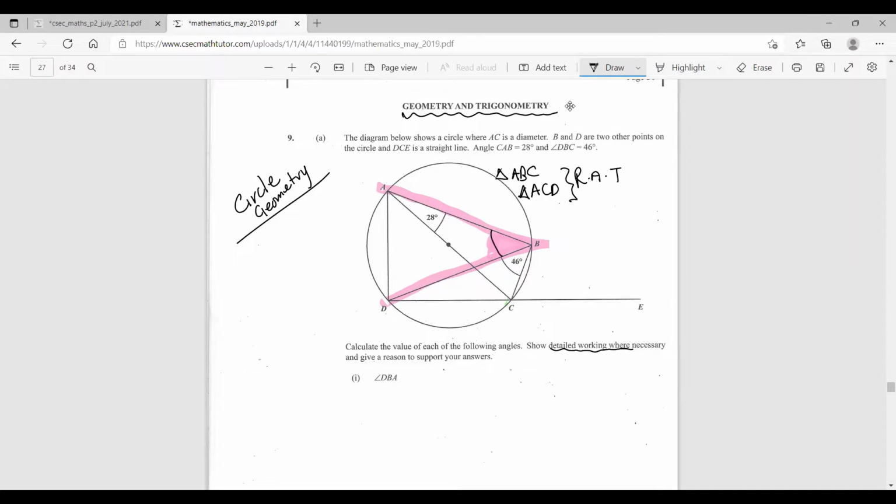What do we know about this part? This angle is actually inside this triangle here, right? Yes, miss. So what do we know about that triangle?